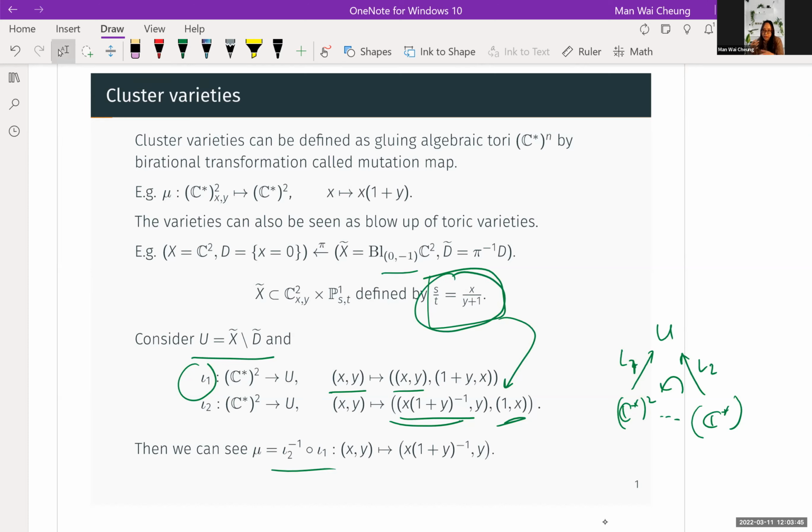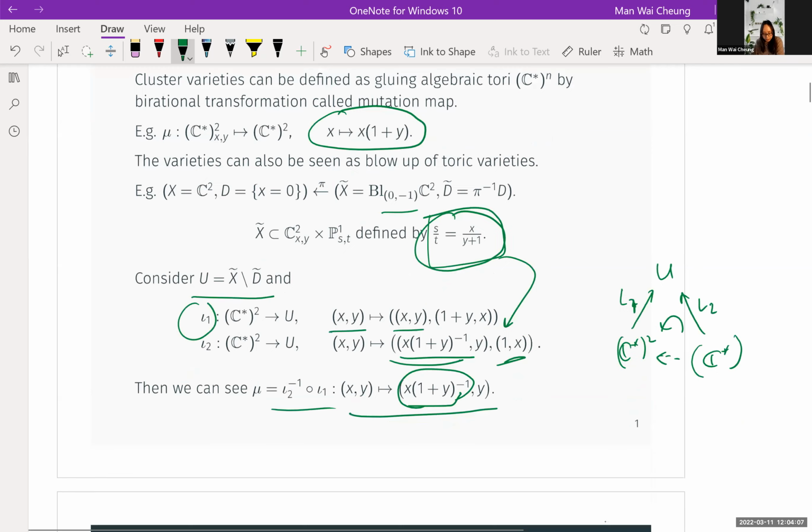If we combine all the algebra together, we see the transition map is exactly the mutation map we saw earlier. So no matter whether we see a cluster variety as a gluing of tori or as a blowup of a toric variety, they are basically the same thing.